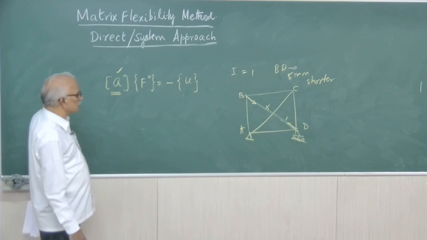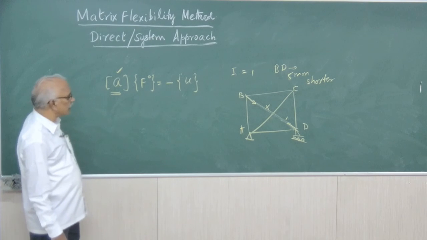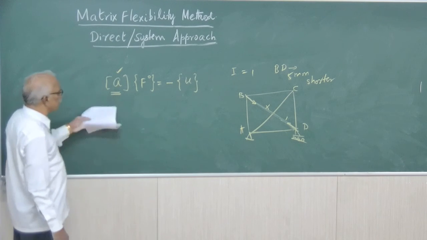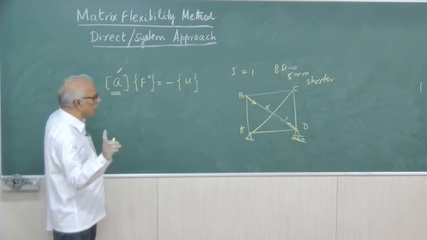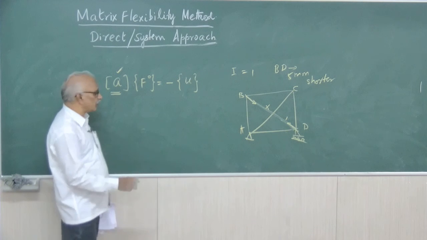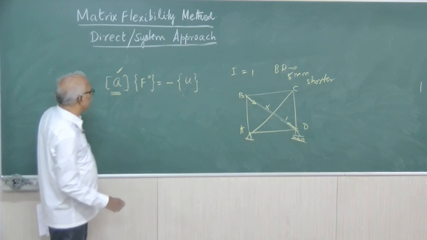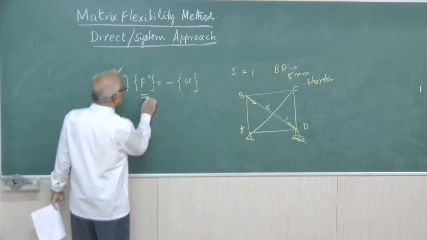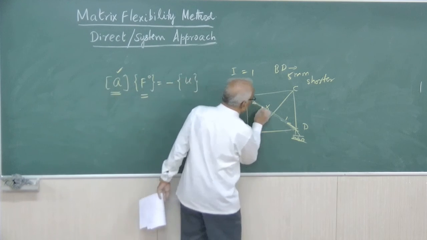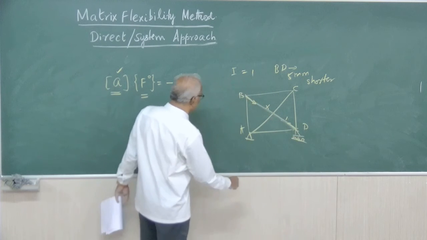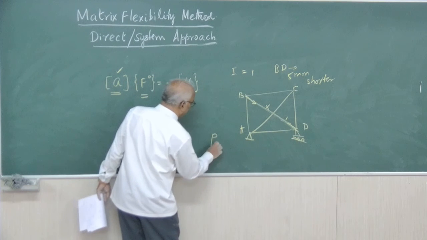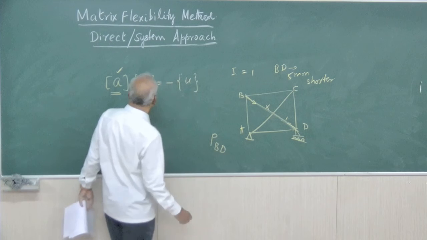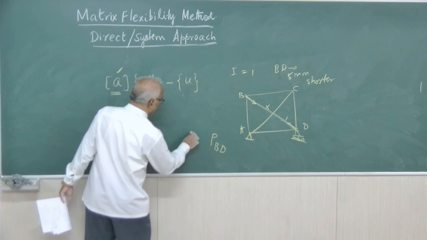So applying unit force along the redundant, find out the K values, that will give you the A matrix. Because there is only one redundant, therefore A matrix will be 1 by 1. Right. F naught is the redundant, the force in the member having lack of fit. That is the force PBD. That is our F naught.